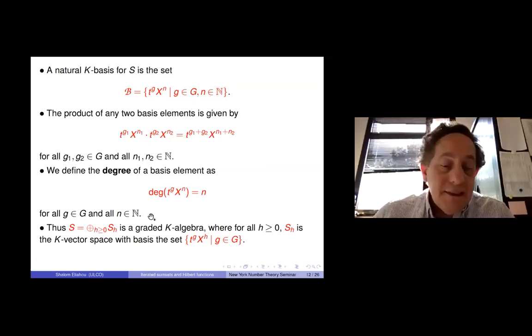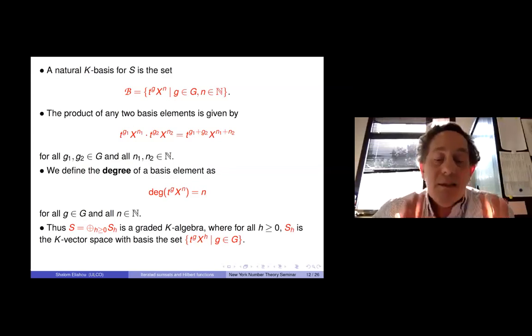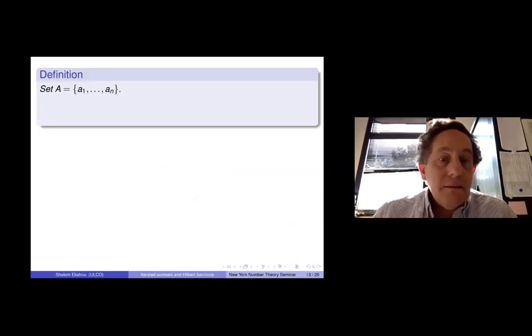You see, I didn't say it's a standard graded algebra because if the group is finite, then this is not a finite set. But it's a graded algebra. S_h times S_h' is contained in S_(h+h'). Okay, so that's it.